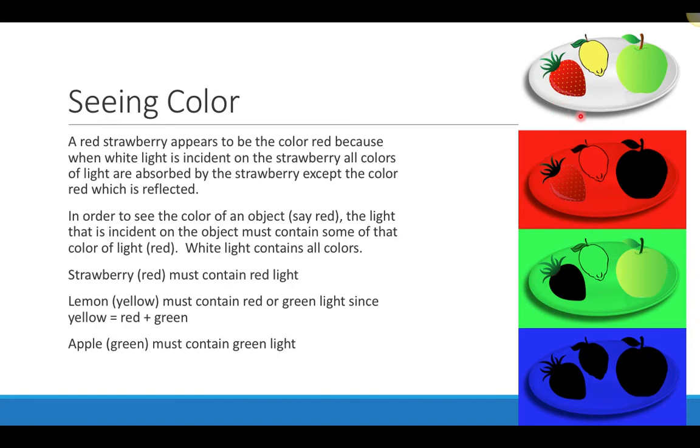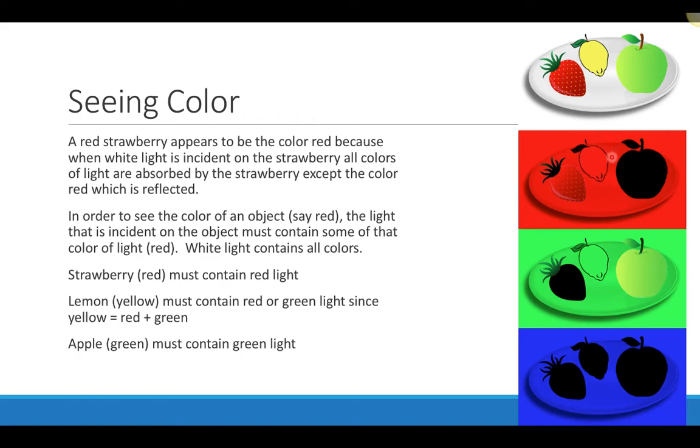When all three of these fruits are sitting on a plate and we shine white light on all of them, they all appear to be their normal color. If I were to take the same plate and shine a red light on it, we could ask what color each one of these would appear to be. The strawberry would still appear to be red, because red light can reflect off the strawberry.